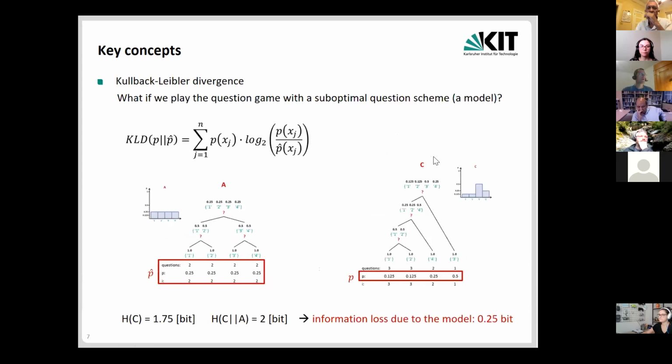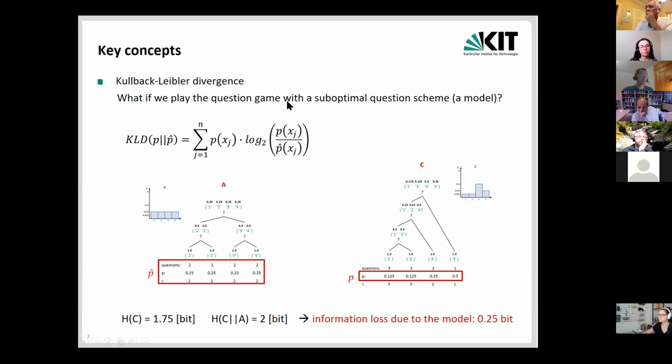Now, what happens if we apply a questioning scheme that still in the end will reveal to us all the outcomes, but that is not optimal? Optimal questioning schemes are those that at each level of the questioning divide the probability space into equal-sized halves. So you always discard 50% of your uncertainty.